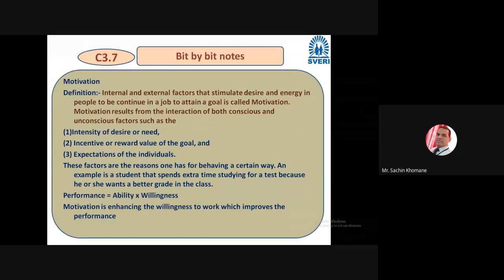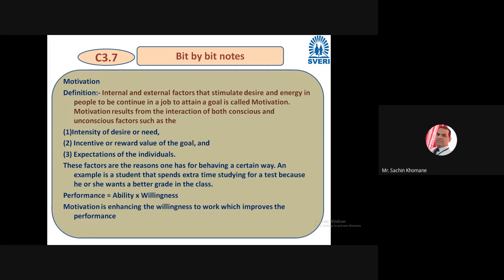Motivation results from the interaction of both conscious and unconscious factors such as intensity of desire and need, intensity of rewards, value of goals, and expectation of individuals. In the definition we mentioned internal and external factors.